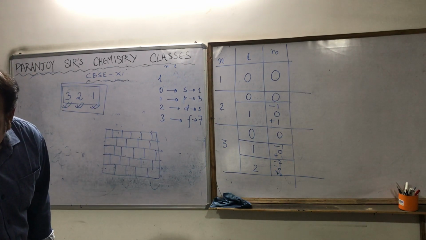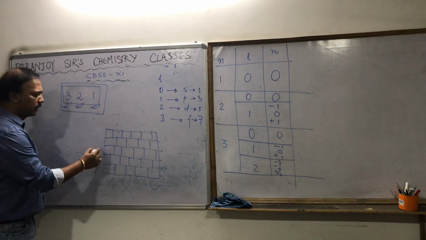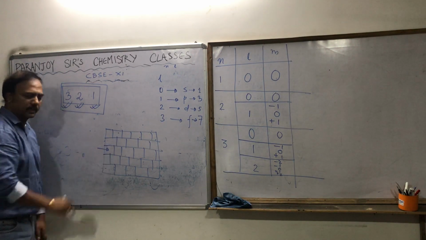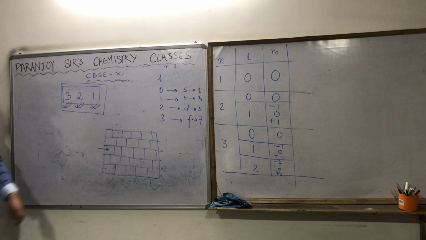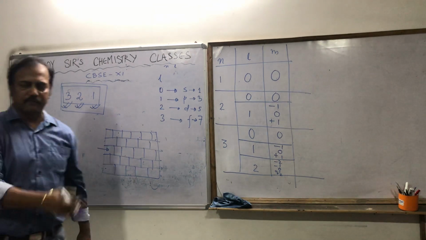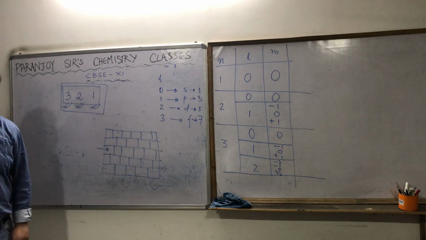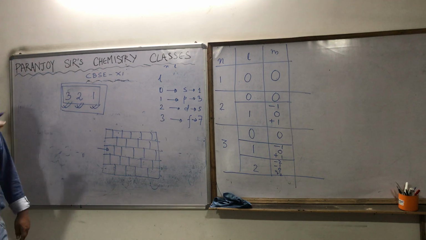Okay, so suppose you know that the floor is 3. Floor 3 means you are moving to the third floor. You are using the lift and going up, entering over here. Very good.